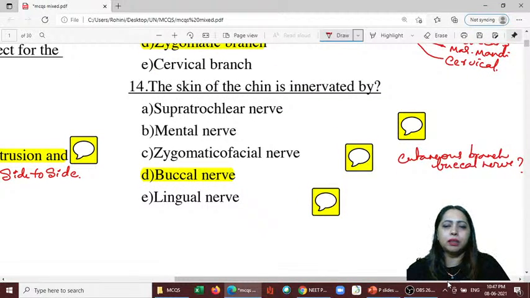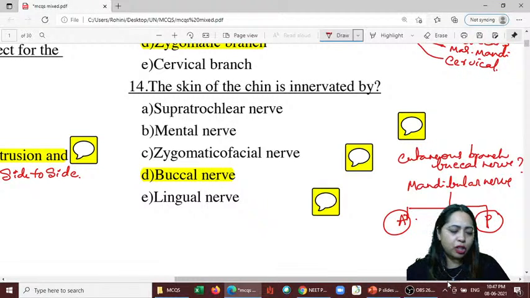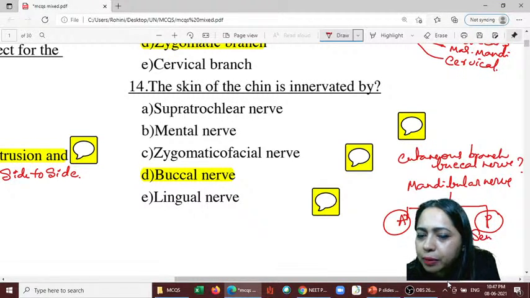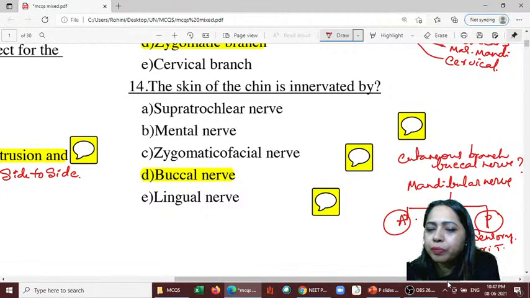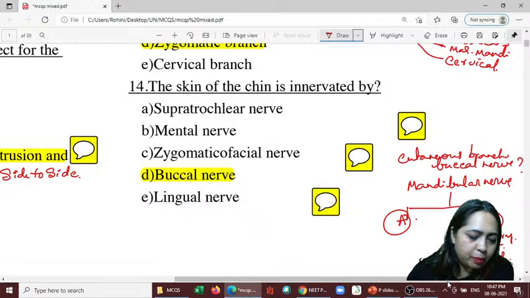So now you know that the mandibular nerve has a trunk, right? And it has anterior branch and posterior branch. Posterior branch are all sensory. So you have auriculotemporal, lingual and inferior alveolar as the branches.